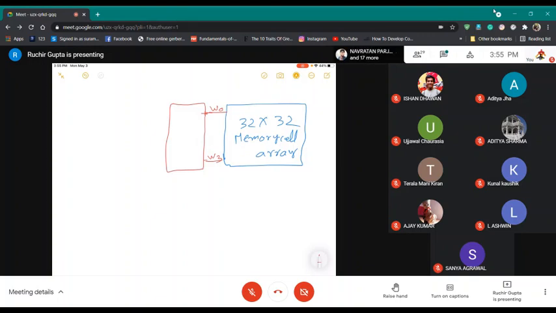So what will be the number of bits that will be coming as input to this? Can you tell me? There are W0 to W31, right? 31. Oh, so then 5.